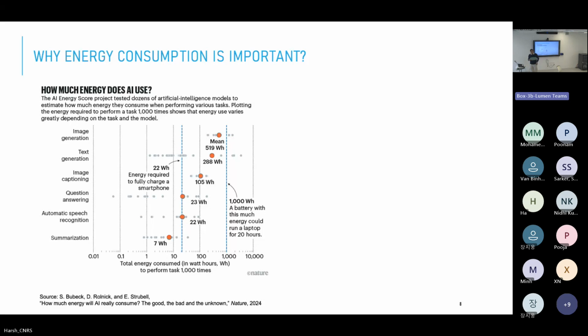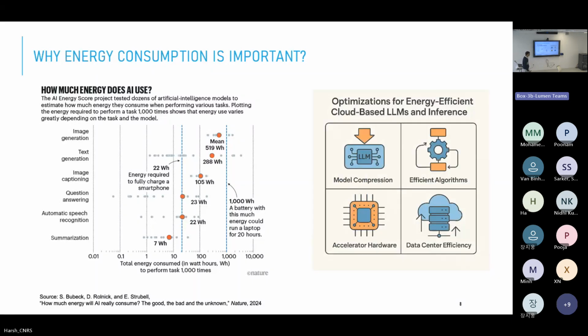So based on the complexity of the task, we begin to see that the energy that you require to generate an image 1,000 times is close to what you would use by running a laptop for 20 hours. So this brings into consideration what kind of optimizations we need to perform in order to shift this, let's say, to the left side and so on. And it has in fact been the case that such optimizations have been pushed into AI over the last 50 years.